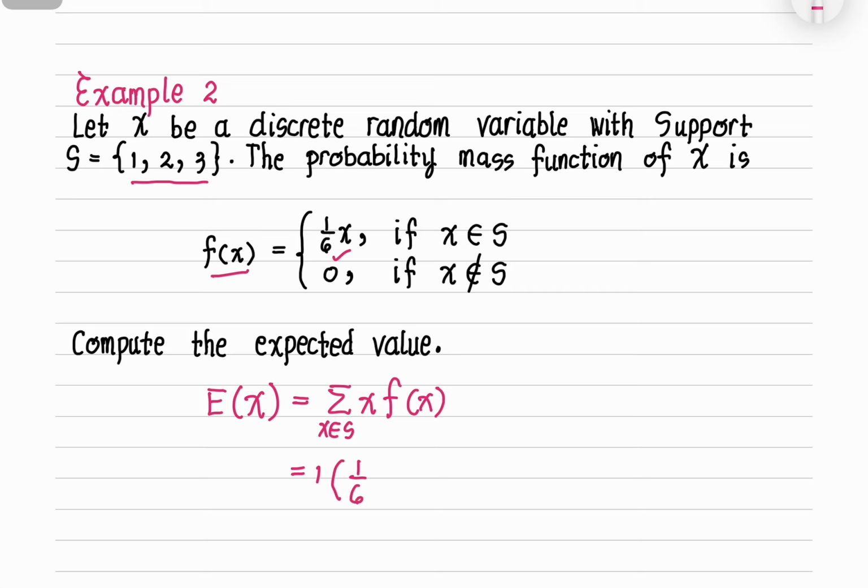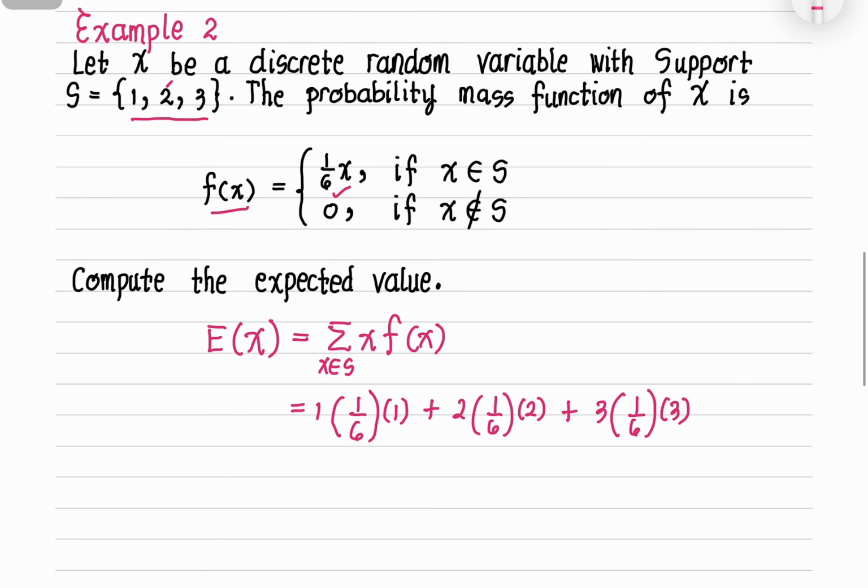Plus, the second is 2 na tayo, so 2 times 1 over 6, of course our x is 2. Plus 3 times 1 over 6, its corresponding probability, times 3 also.